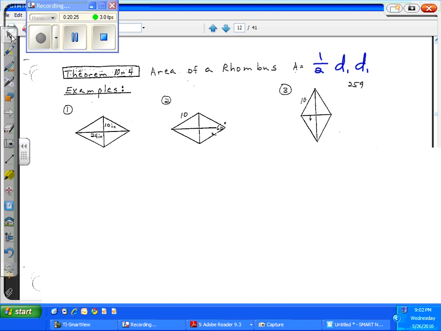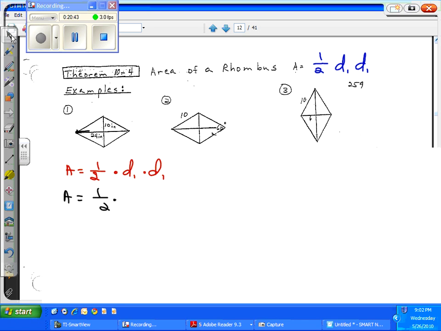So we're going to write down our formula. We have a rhombus. Area is 1/2 times diagonal 1 times diagonal 2. So we're going to have area equal 1/2 times.